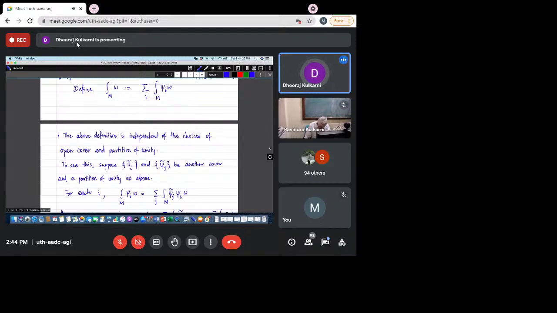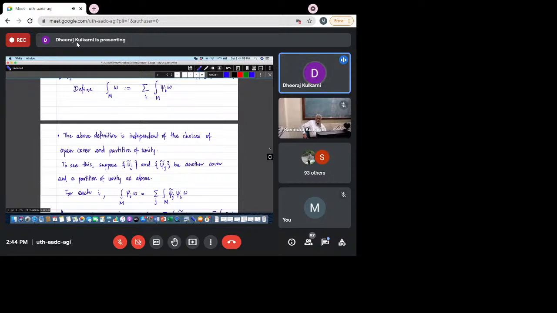When we make use of partition of unity, we are breaking omega onto smaller sets, and then there we are considering the integration. This is the similar process of subdividing an interval into smaller subintervals, and what we are saying is that the choice of subdivision does not matter.